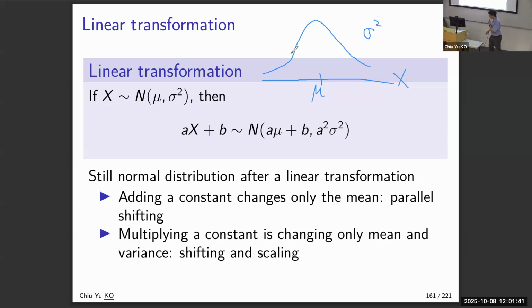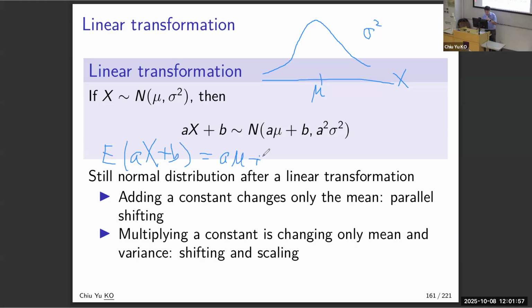But what you already know to be true, if you remember the formula, is that E[AX plus B] is still A mu plus B. This is true regardless of whether it's normal or not.